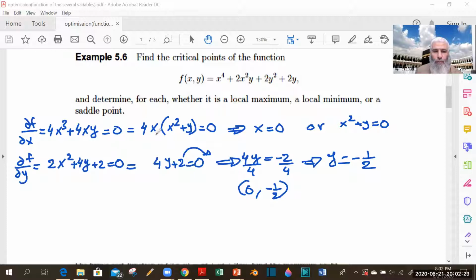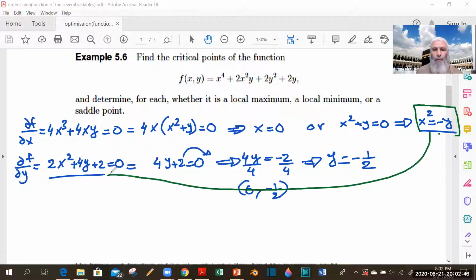Now from here we can find that x squared equals negative y, right? We substitute this in this function.